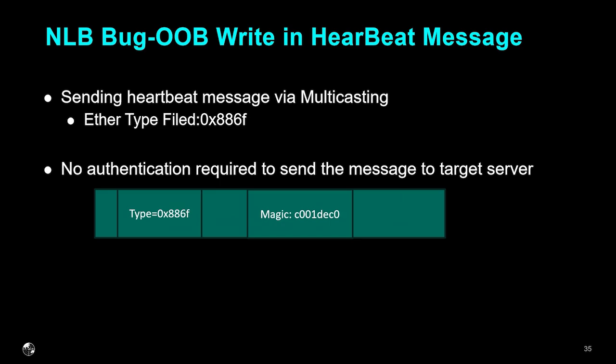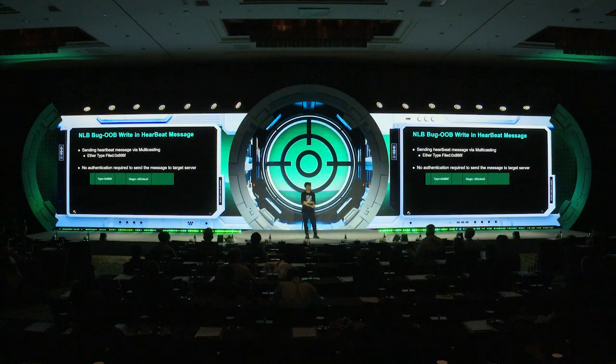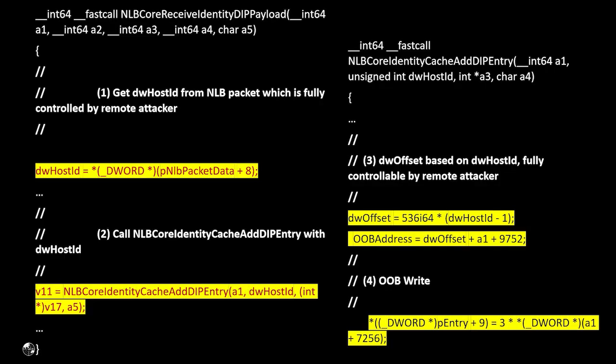You can see the EtherType is 0x886F for the multicasting packets, and the NLB server will send something like a heartbeat packet to other servers. Any unauthenticated user can send such a multicast message to the NLB server.